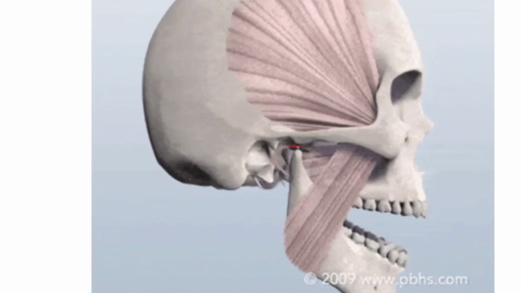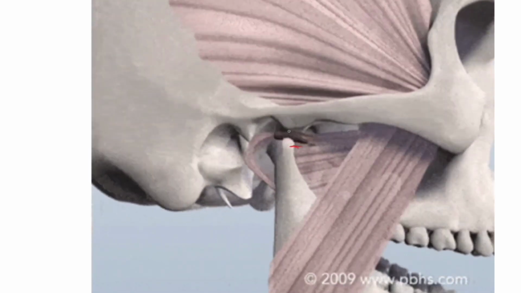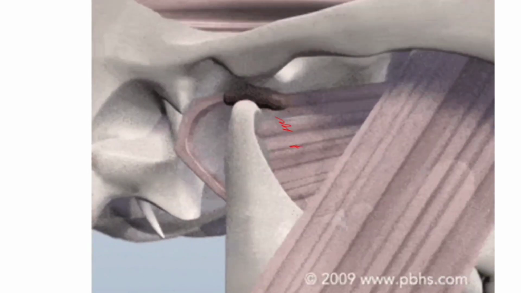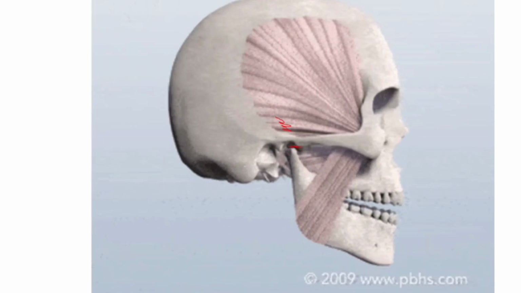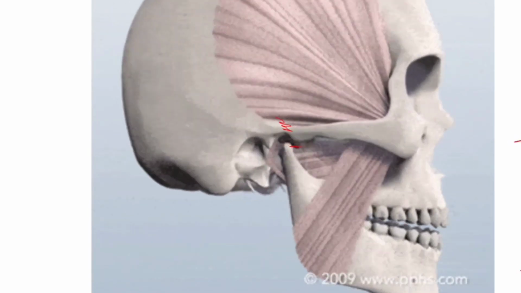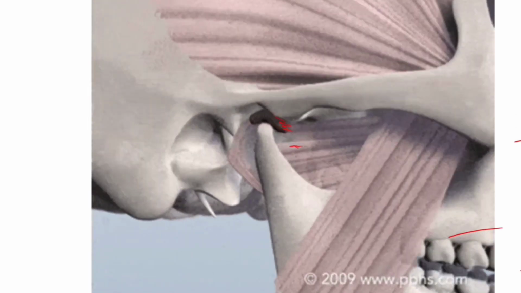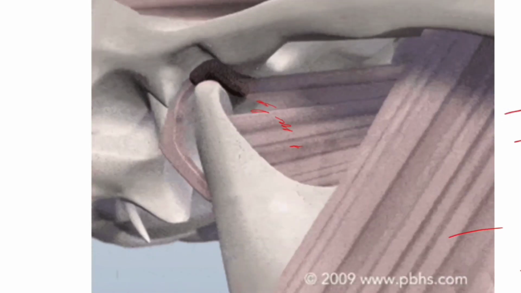The upper compartment is doing the gliding movement and the lower compartment both gliding and rotatory movement. One more time, this is the gliding movement and this is the rotatory movement.